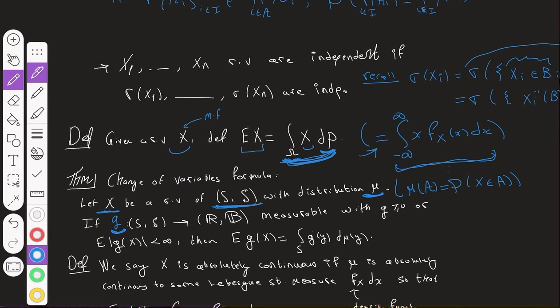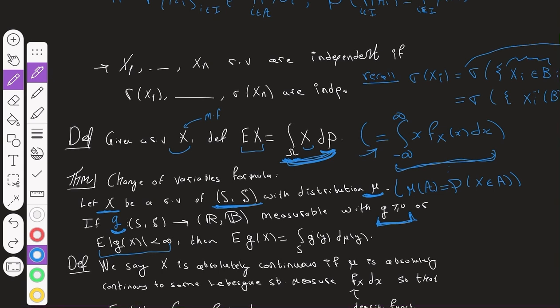And let's suppose in addition that one of these conditions holds: either G is non-negative, or the expected value of G is less than infinity. Notice here we don't have this definition. What we have at this moment is this one. This is the only definition that we have.